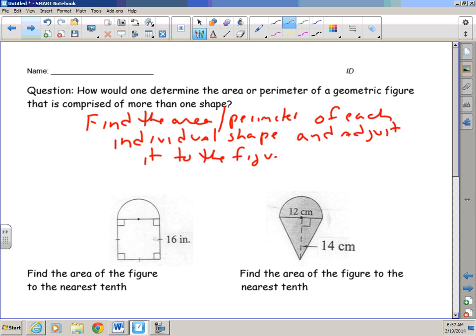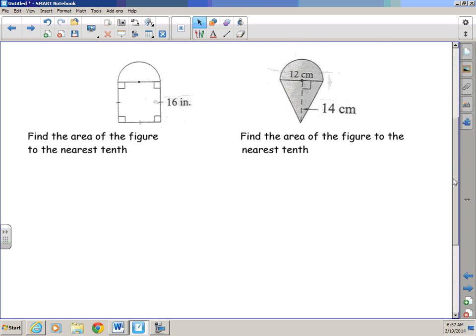On the first page, I gave you formulas for 5 specific figures, or really 6 if you count square and rectangle. So what you want to do is break these shapes into figures that are one of those, because you have a specific formula.